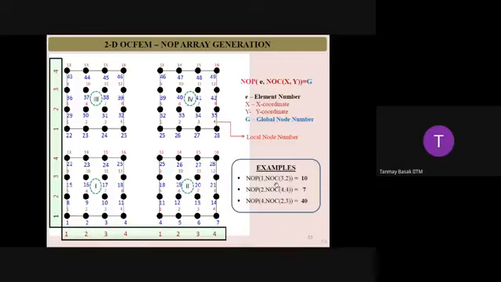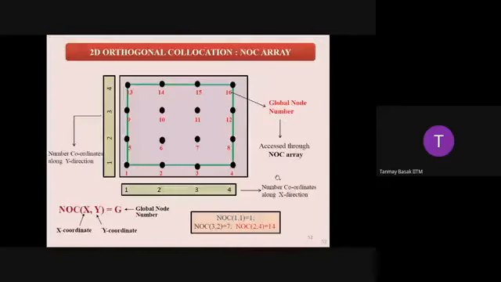When you do computer programming, you need to do efficient bookkeeping work so that we can have computationally efficient programming, and it should be automated as much as you can. NOC 3, 2 will give the local node number. I'll just go back to where you have seen that.